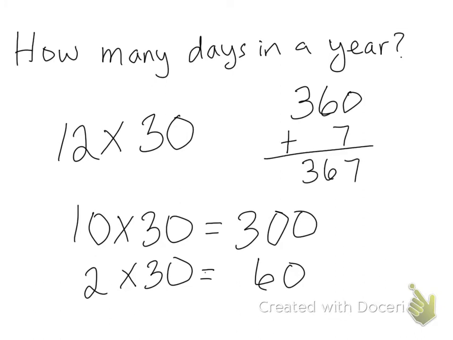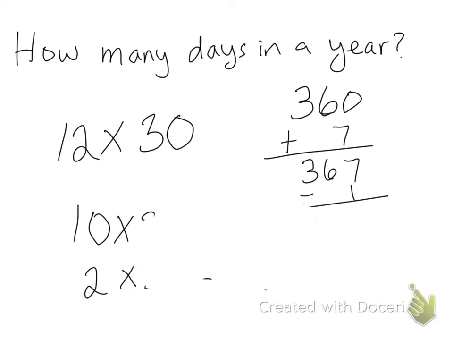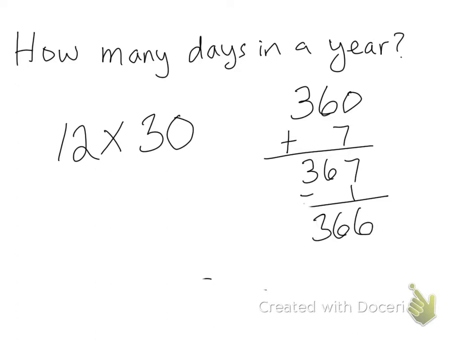But then February has fewer days, so I'd actually have to subtract 1 from there. So most years have about 366 days in them, or 365 to 366 days.